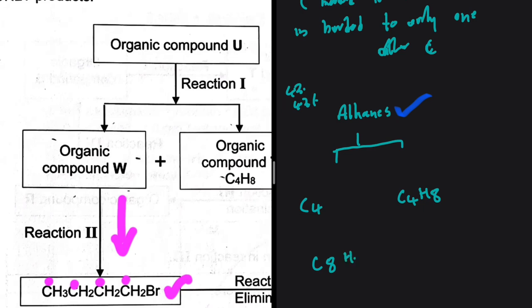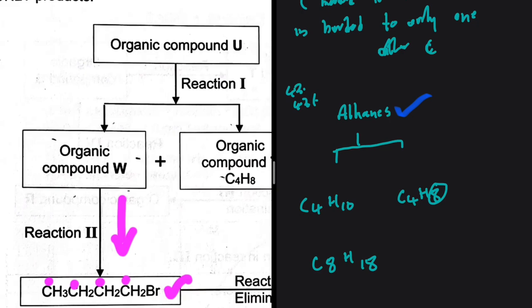It has H2n plus 2. n is 8, as you can clearly see. 2 multiplied by 8 is 16, plus 2, we get 18. So we have 18 hydrogens in total. We have 8 here, so here we need 10 hydrogens. So there we go. This is actually compound W.